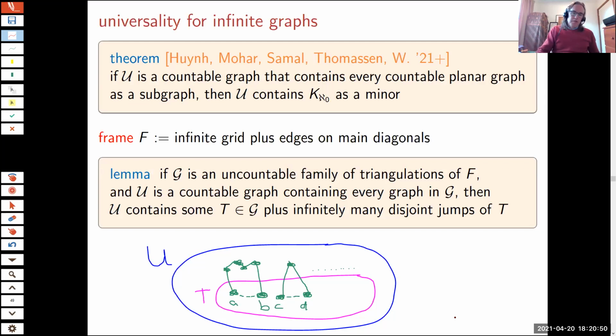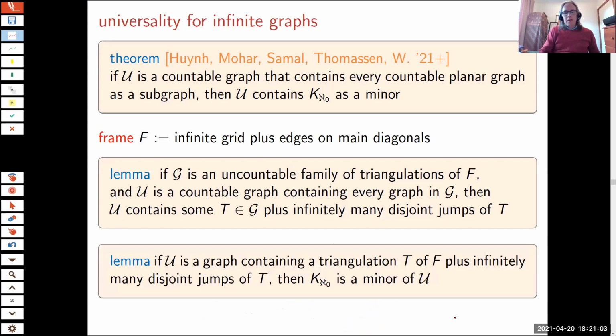And you don't have to take all of the triangulations of F, just any uncountable family of triangulations. And then once you've found this triangulation T with the disjoint jumps, you can show that if U is any graph that contains a triangulation plus infinitely many disjoint jumps, then you do have an infinite complete graph as a minor.